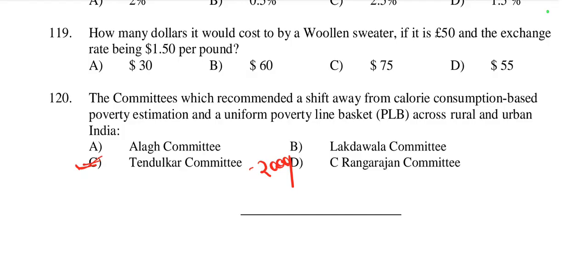So we have to remember all the committees related to poverty estimation. The first committee is the Alagh committee, which came into existence in 1979. It is based on calorie intake: for a rural person 2400 calories, and for an urban person 2100 calories. Then the Lakdawala committee came in 1993, based on the consumption based approach.